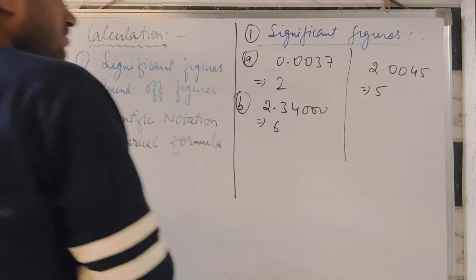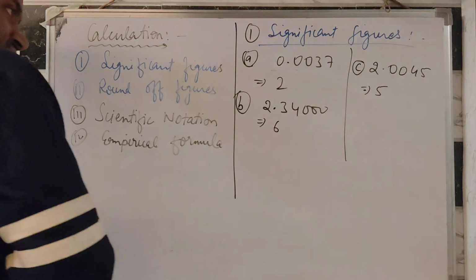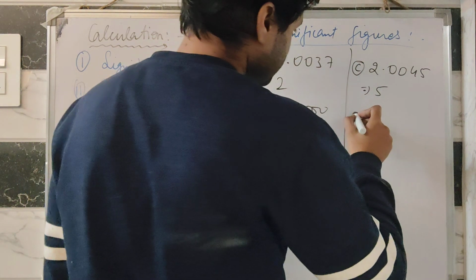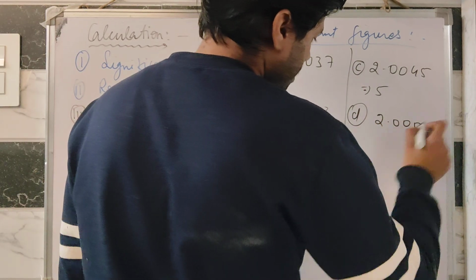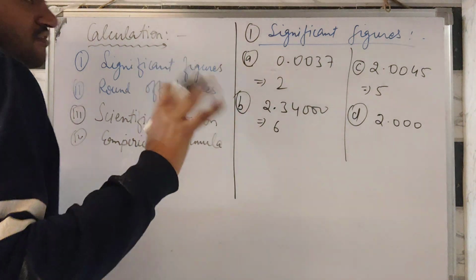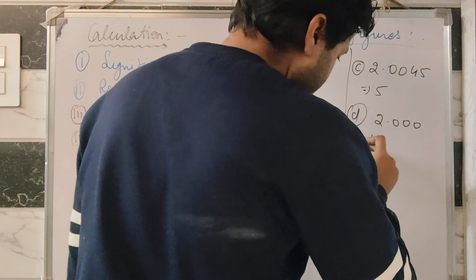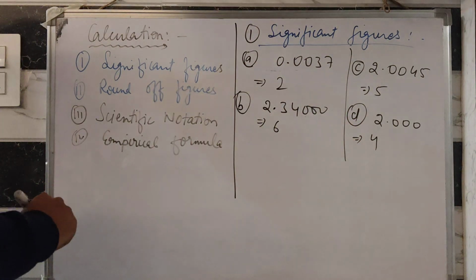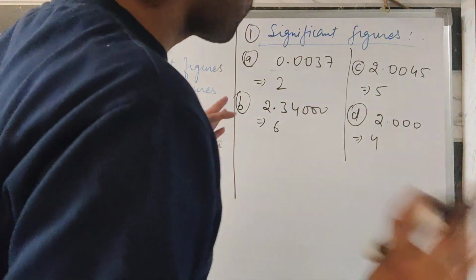And if a number is written as 2.000, the 0s you put after the decimal are considered significant figures. So there are 4 significant figures here. So this is all about the main concept of significant figures you should know.